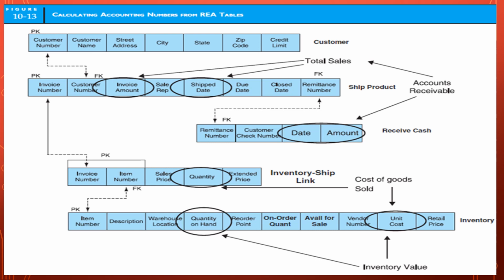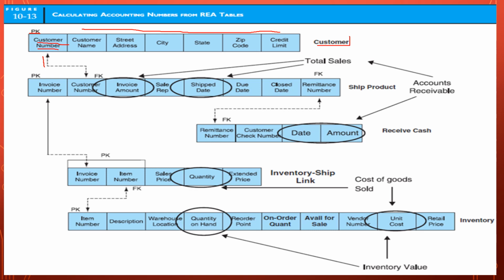If you notice here, in the first table we have the primary key. The primary key is customer number, and the rest of the table is either non-key or foreign keys. Those foreign keys are connected to other tables.